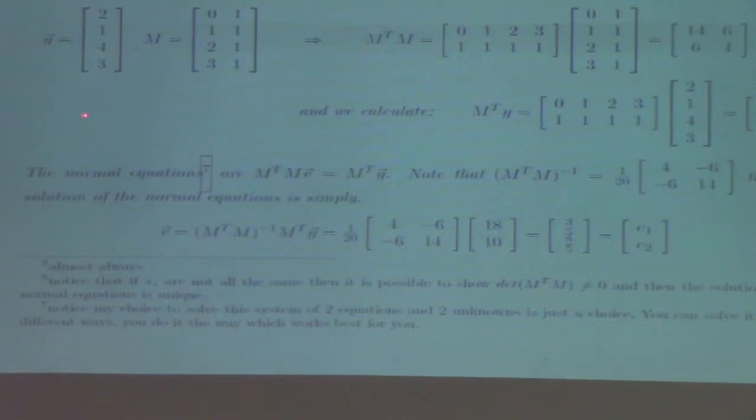I multiply the inhomogeneous term by M transpose, and I get that little 2 by 1 matrix. So I have to solve a 2 by 2 system, which I can solve by inverse, and there you go: 3/5, 8/5. Basically, y is equal to 3/5 plus 8/5 x is the line which most closely goes through these 4 points. It minimizes the distance from the line to that data.